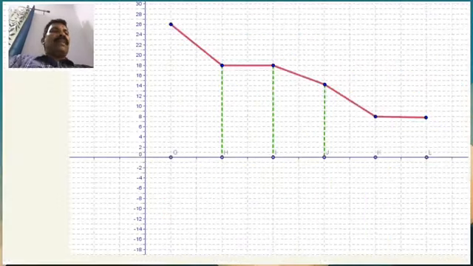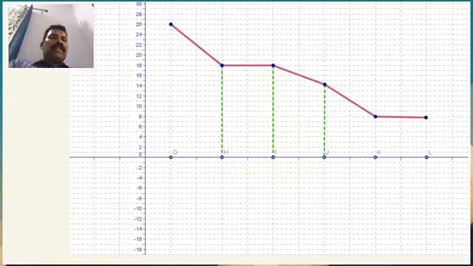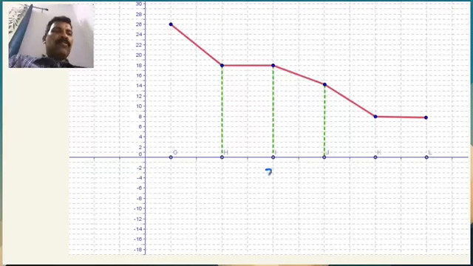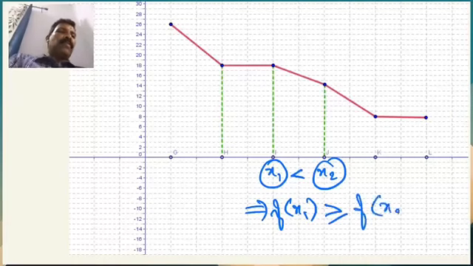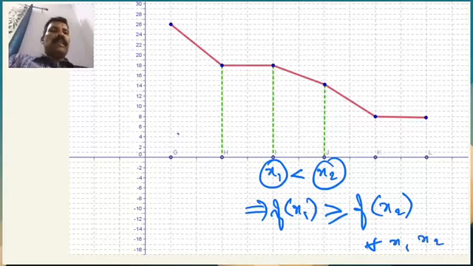On the other hand, if the performance of the student is like this, and we take any 2 months x1, x2, again x1 less than x2, but it implies f of x1 is greater than or equal to f of x2, for all x1, x2 in the interval from June to November.